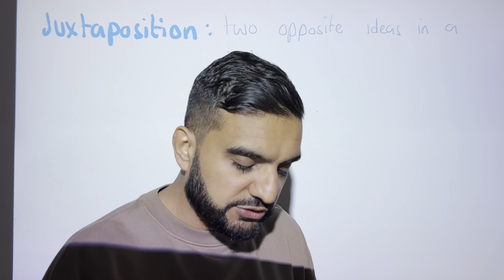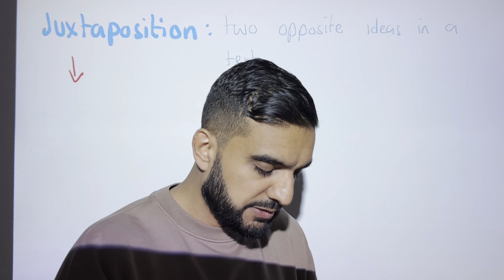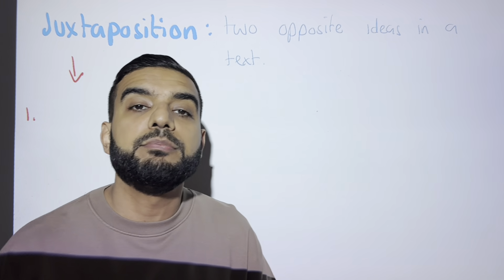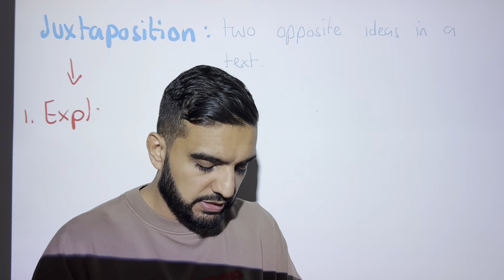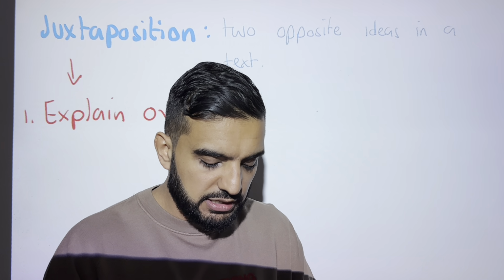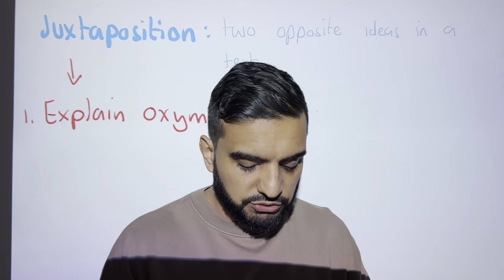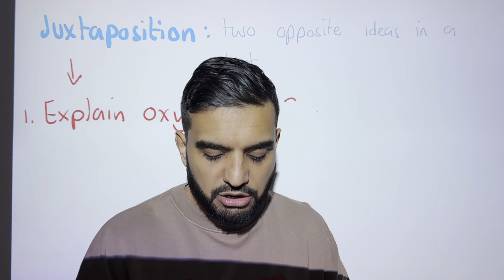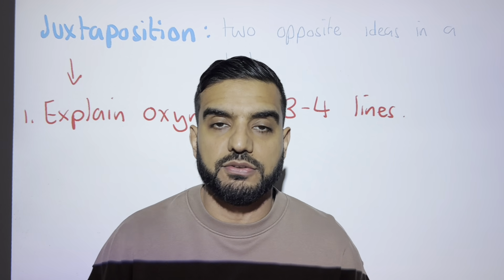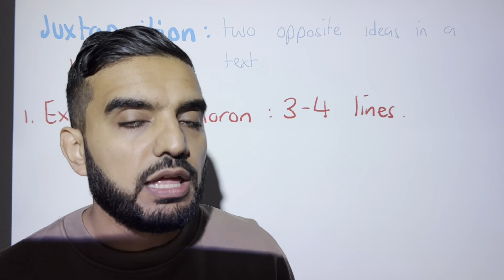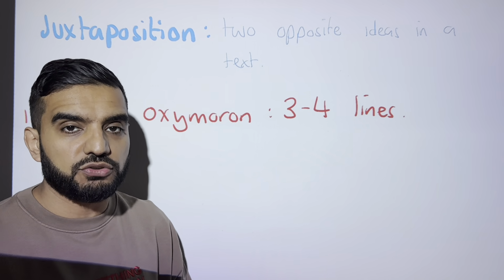To create juxtaposition in your writing, there is one simple step. All I want you to do is to explain your oxymoron and let it go on for at least 3 to 4 lines. That's it. Explain your oxymoron.